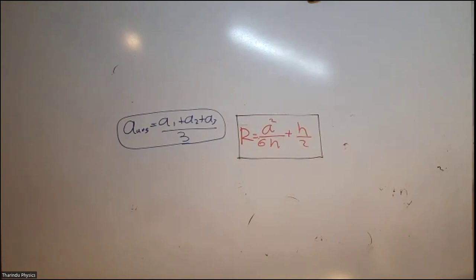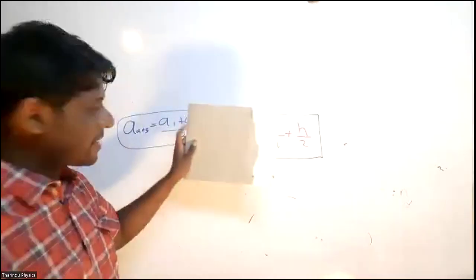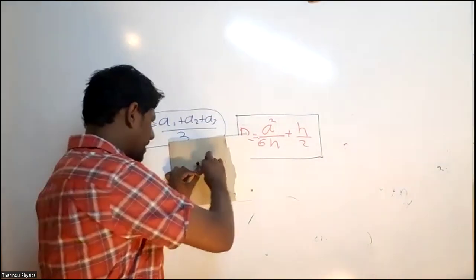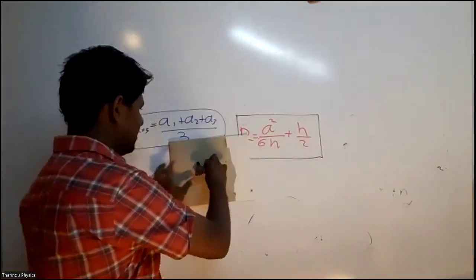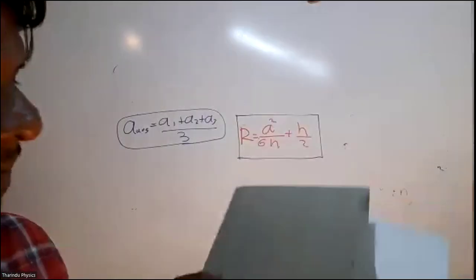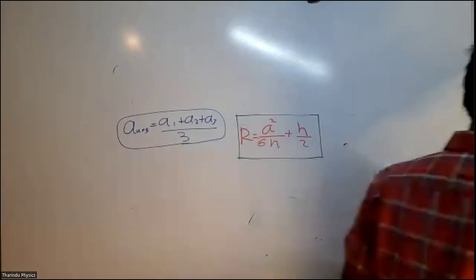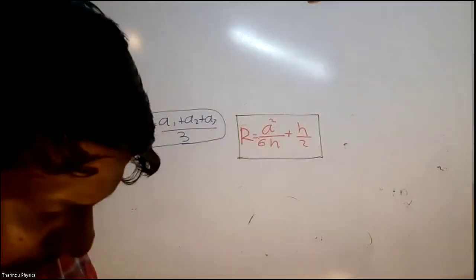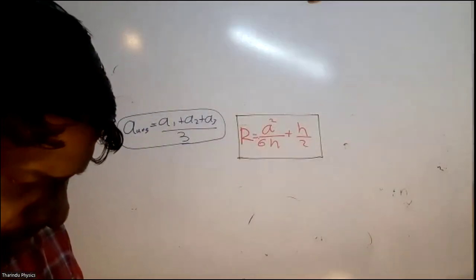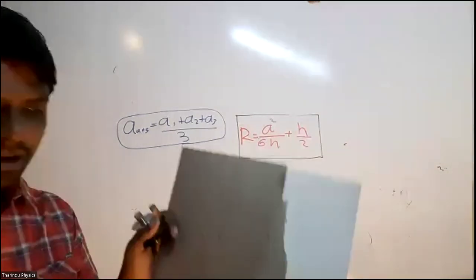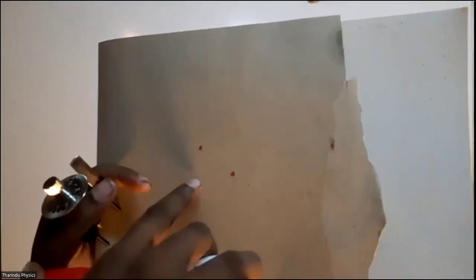Now you have to keep this on an A4 sheet and press this against it. I don't know whether you can see the marks, but I will mark these points with the marker pen. Now I have completed the points.